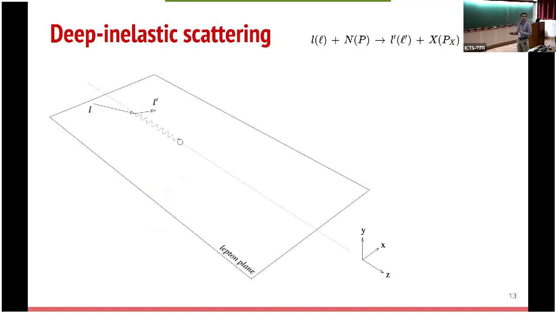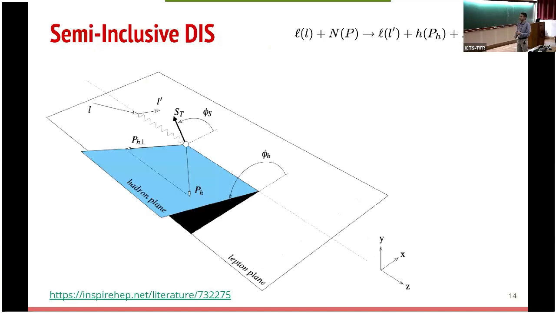This is inclusive deep inelastic scattering, where you do not measure anything apart from the lepton in the final state. If you consider another process, which is semi-inclusive deep inelastic scattering, which means inclusive DIS where you measure at least 1 hadron in the final state, then you can also be sensitive to transverse momentum. Why is that? By the way, some terminology.